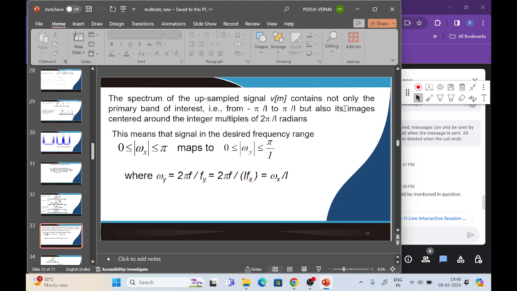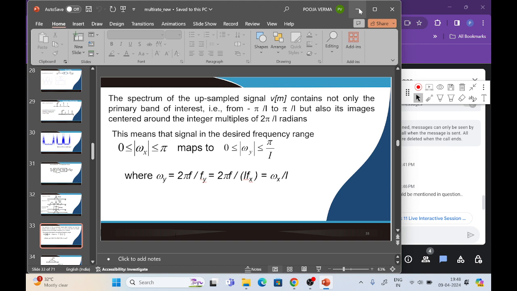I hope all of you are still here. Normalized omega x and omega y are with respect to the sampling frequency, but if you normalize this, 2 pi f divided by fy, it must be like this.